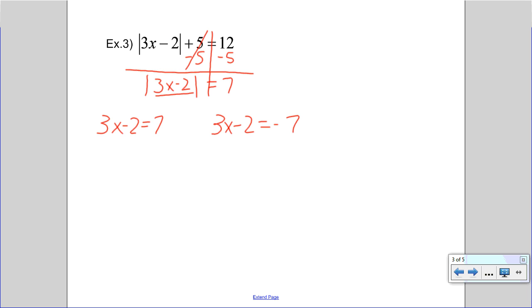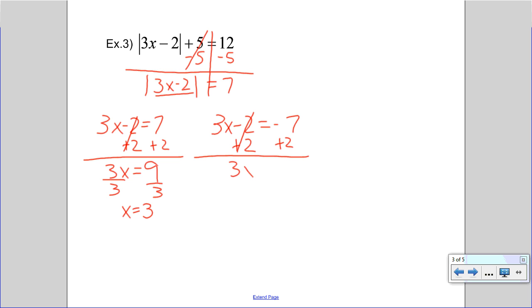Now we've got a two-step equation that we're going to have to solve. So we're going to add 2 to each side. 3x is equal to 9. X is equal to 3. Over here, the same algebra steps, but because you start off by adding this 2 to a negative 7, I'm getting a different value here. 3x equals a negative 5.